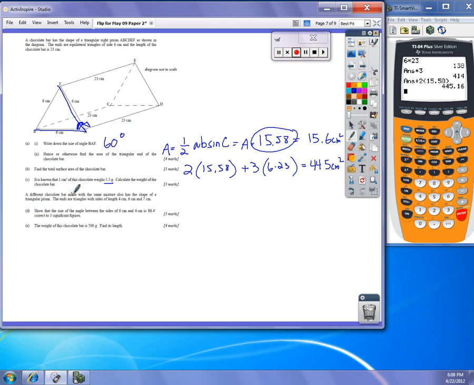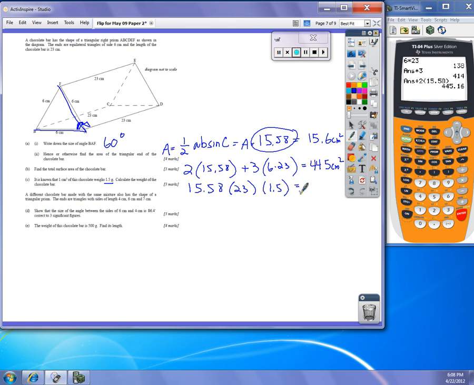And the volume of this thing is the area of the base, that's 15.58, times the height, that was 23, and then we're going to multiply that by the 1.5 grams per cubic centimeter.